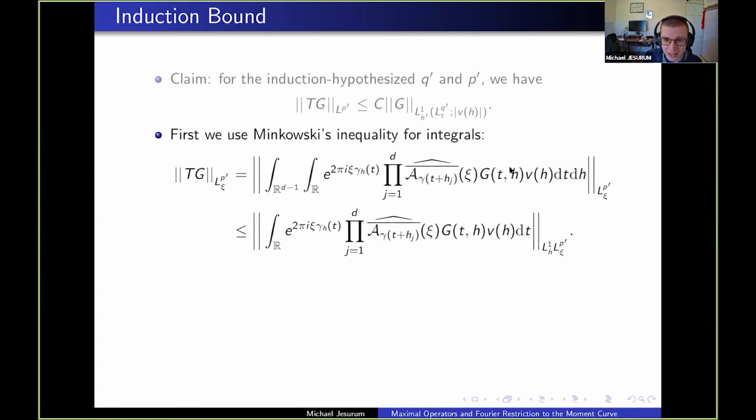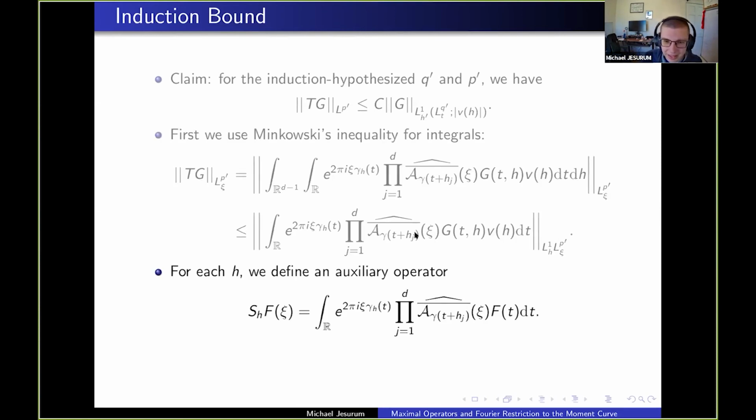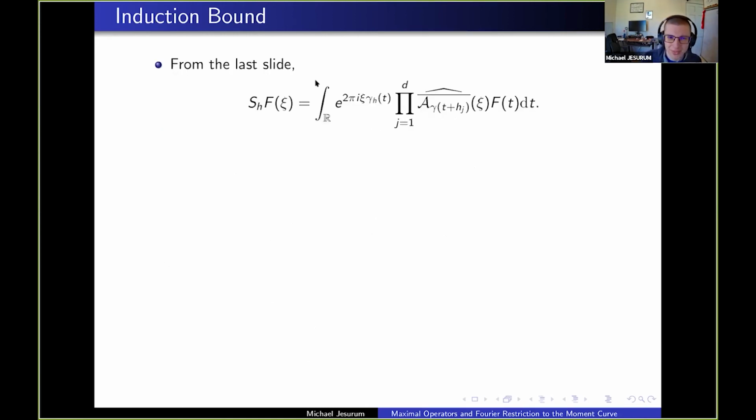It's a little bit complicated, but we use Minkowski's inequality for integrals to bring the L^p prime norm inside, and the h we'll just put on the outside. And each of these operators inside we'll call S_h. We'd like to use the induction hypothesis on that. That's what Drury did, but it'll be a little bit tricky in this case. So here's our operator that we'd like to apply the induction hypothesis to.